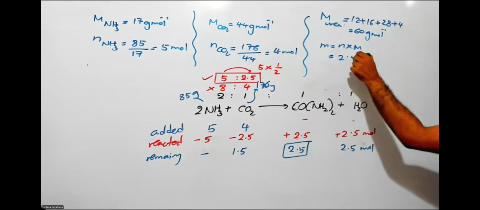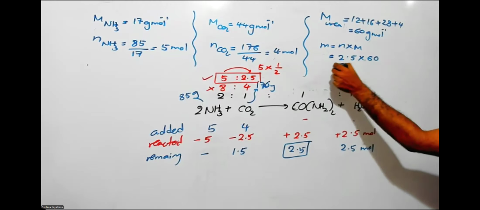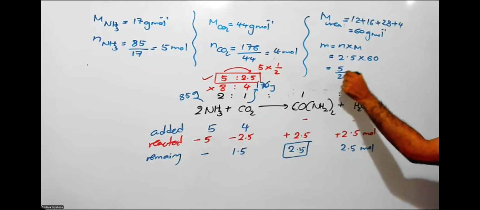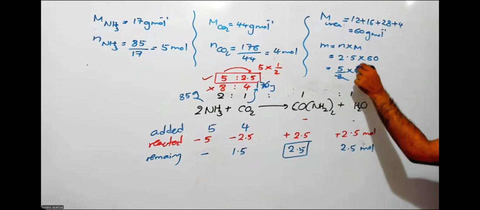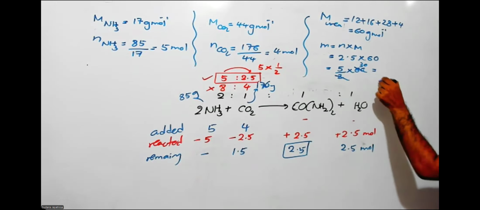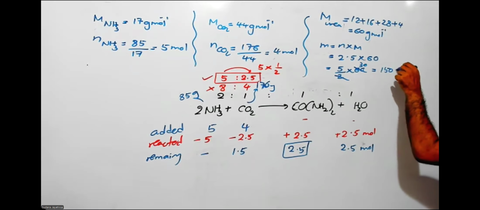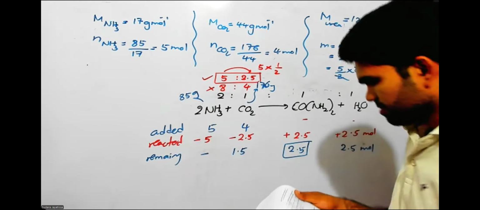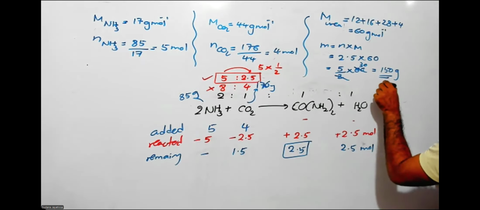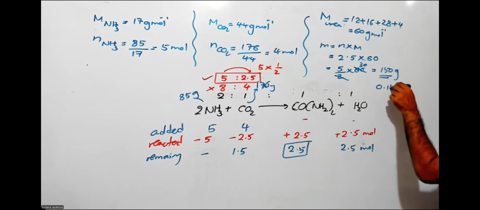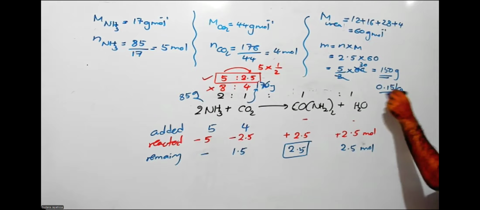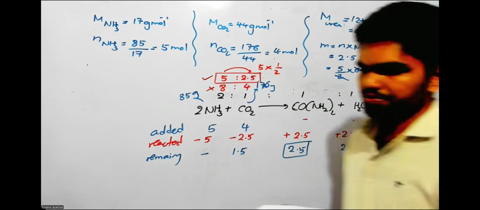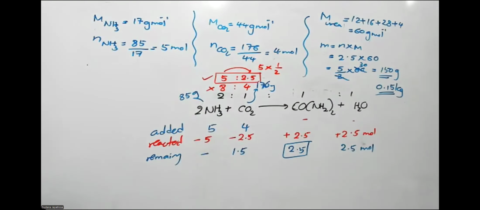So 2.5 multiplied by 60, 2.5 is 5 over 2, gives 150 grams. Now it is given in kilograms, so if you divide by 1000, you will get 0.15 kilograms. Understood? That's the answer for that MCQ.